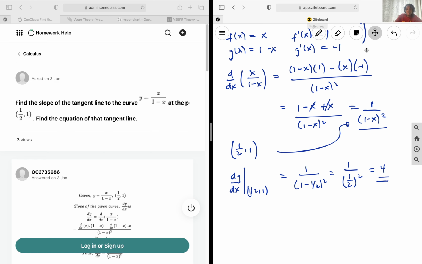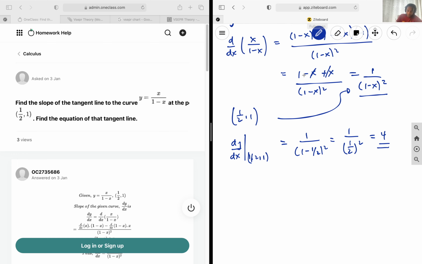In order to find the equation of the tangent line, we just write down the general equation for finding the equation of a line, and that is going to be y minus y1 is equal to m into x minus x1.